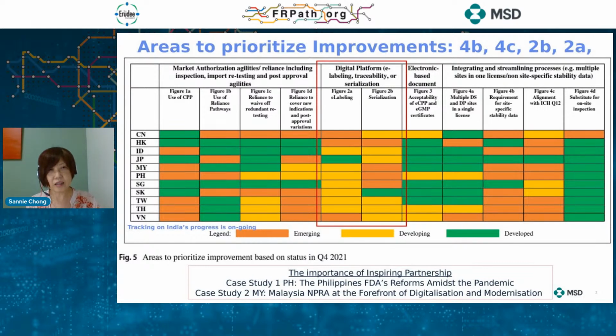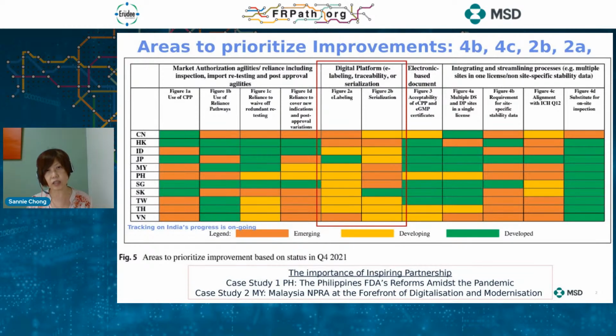And the indicators we looked at for reliance at that time is really looking at implementation of reliance throughout the life cycle of the products. And so you find, for example, 1A looking at the use of reliance pathways in these economies. 1C looks at is reliance being leveraged to reduce redundant retesting required upon importations.